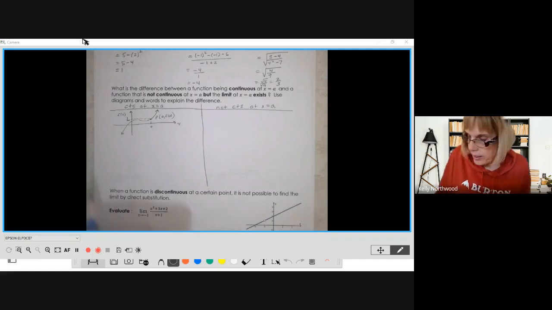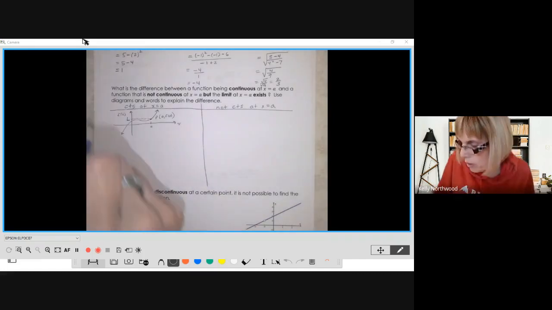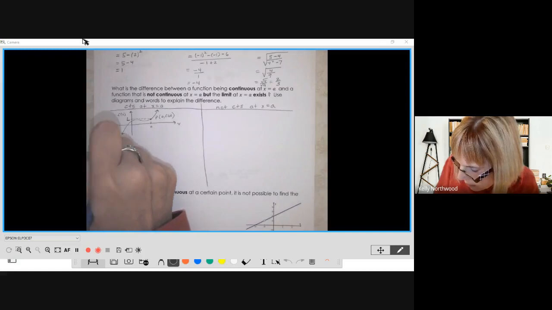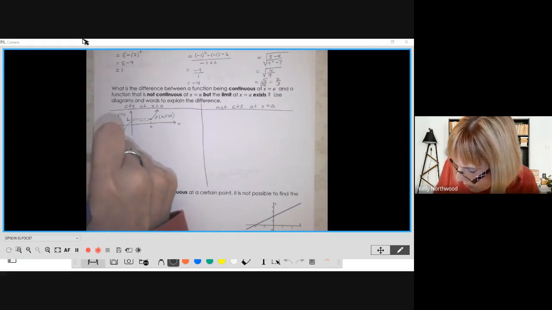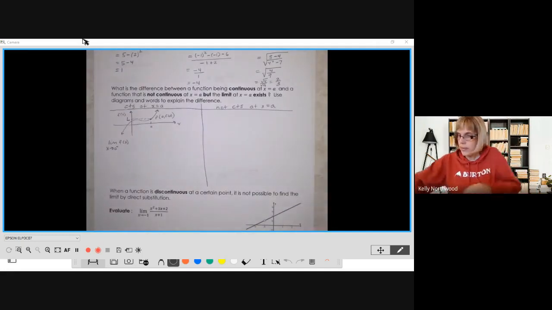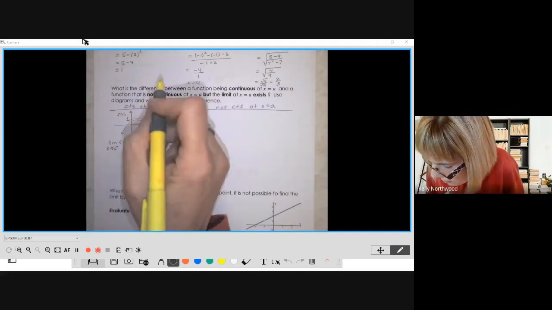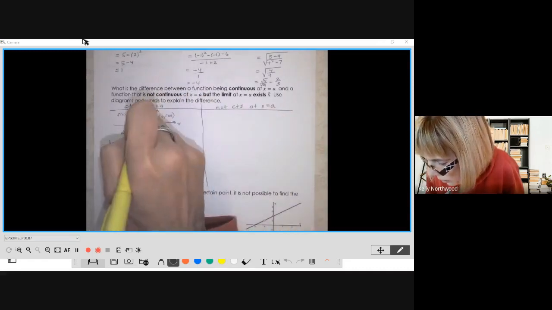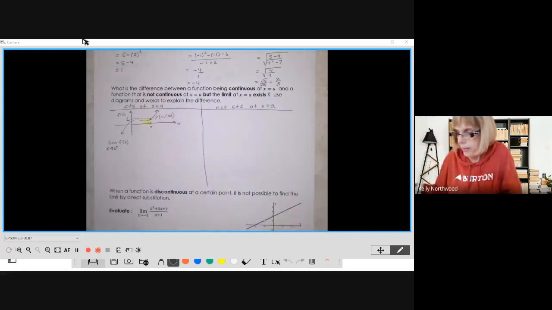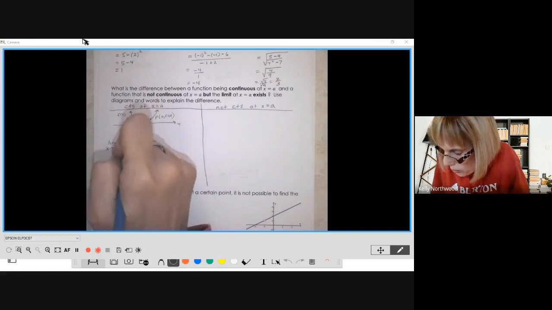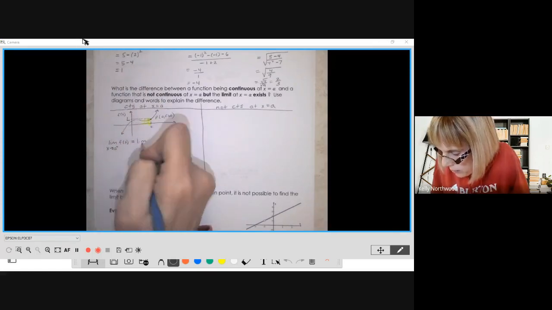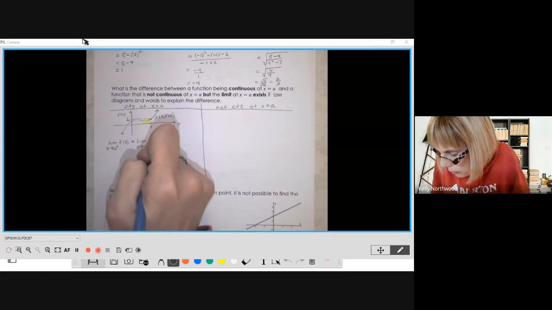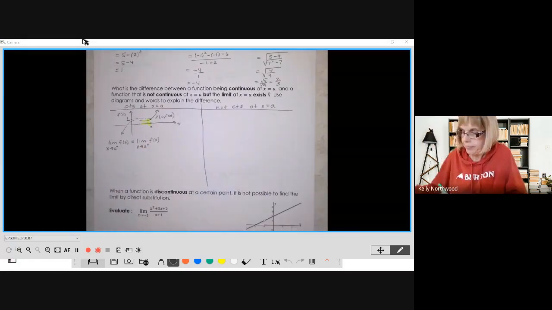So based on yesterday and this diagram here, we can say that the limit as x approaches a from the left of f of x, so as x approaches a from the left, the curve is approaching L. And we can say that that's equal to the limit as x approaches a from the right of f of x.